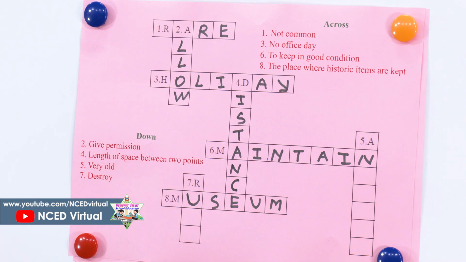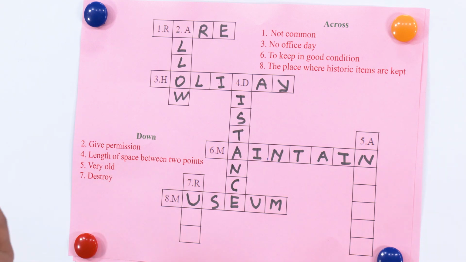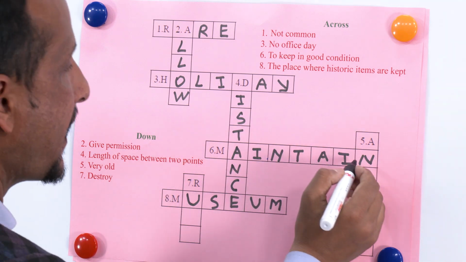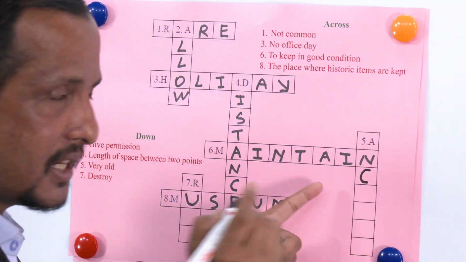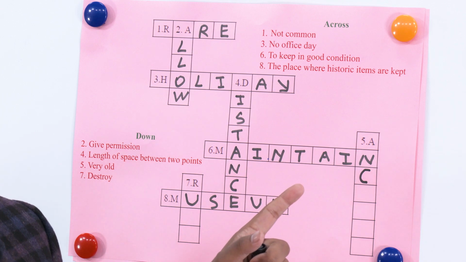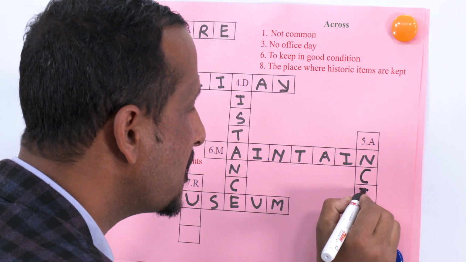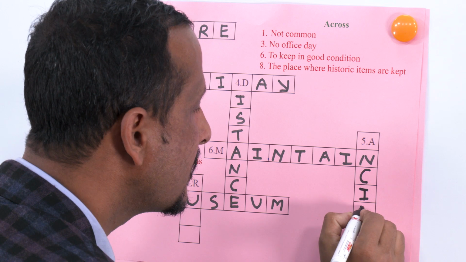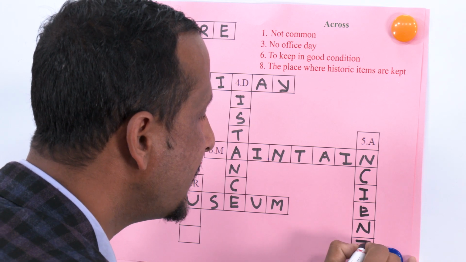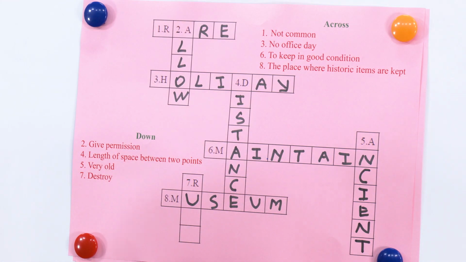What is it? Very good. Ancient. What is number 5, please? A, N, C, I, E, N, T. Ancient.